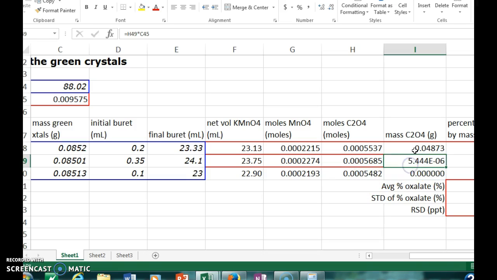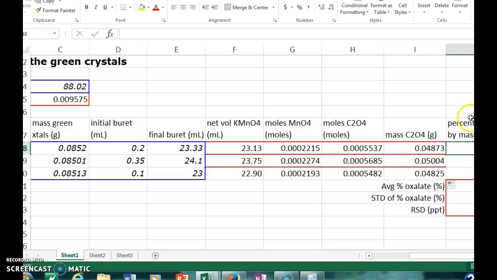Oh, see? If I had been with you in class, you would have told me, but Professor Dimmer, you need to put a dollar sign in front of cell C44 so that it will actually pull from the same place every time. So dollar sign, dollar sign. Now click and drag. Sorry about that.